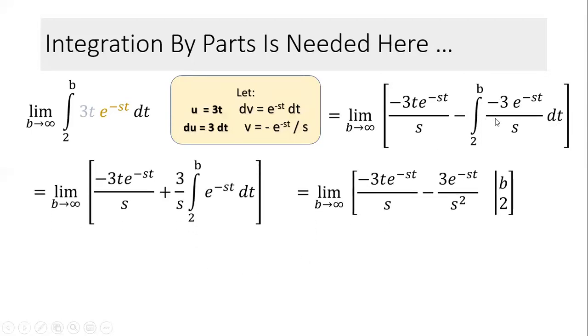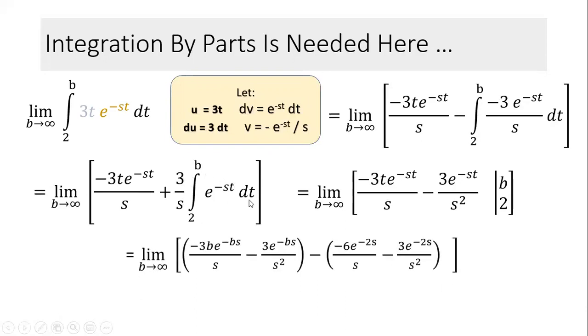So in the second integral, we've got minus a negative 3 over s. We can write that as plus 3 over s and pull that out of the second integral so that we're just integrating e to the minus st from the second piece. That integration will introduce another factor of negative 1 over s when we do the anti-differentiation here.